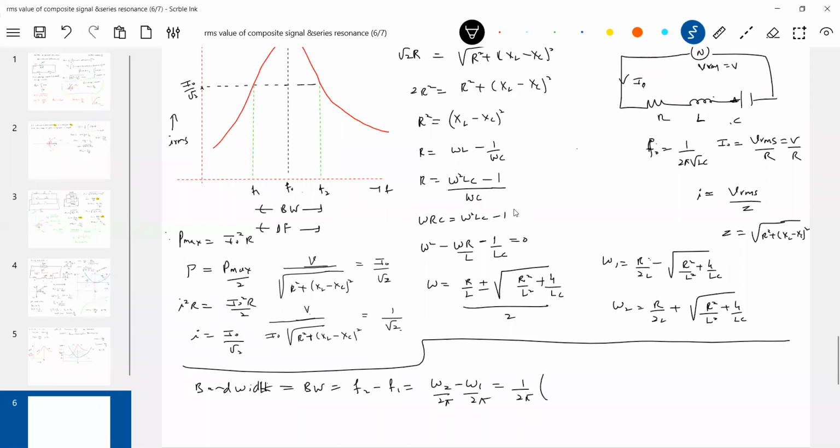This quantity should be equal to 2 times the R by 2L terms getting cancelled, so 2 times the root of R square by L square plus 4 by LC.